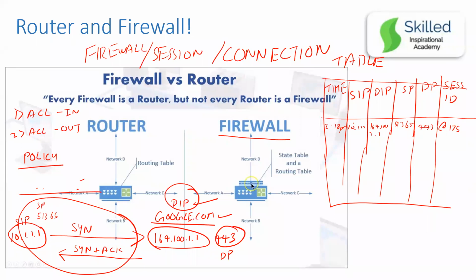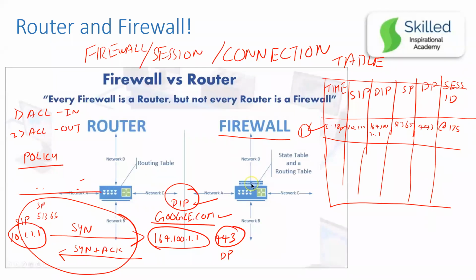Now this basically ensures that whenever there is traffic coming back, in our case a SYN-ACK, the firewall is going to check this table. It's going to look for this information, and the firewall will see that the source is 10.1, destination is 1.1, this is the port, this is the destination, and I'm getting a reply as a SYN-ACK, and it has the same information.